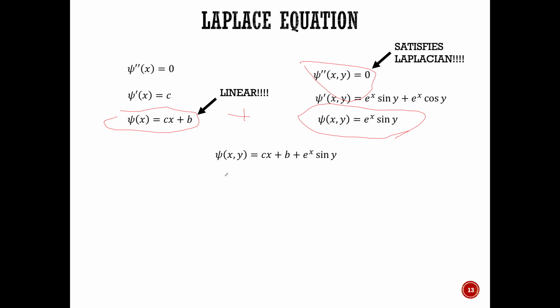Now take the first order derivative, and then I take the second order derivative, and guess what? I end up getting 0. So that means you can take individual solutions of Laplace equation, you can add them up, and the net result will also be a solution of Laplace equation, which is pretty great, right?